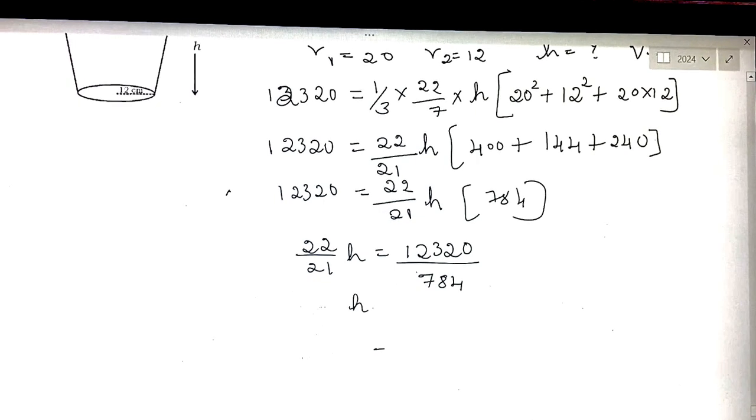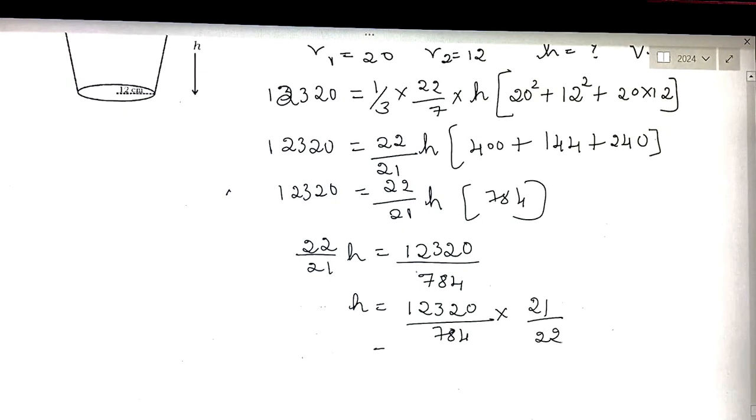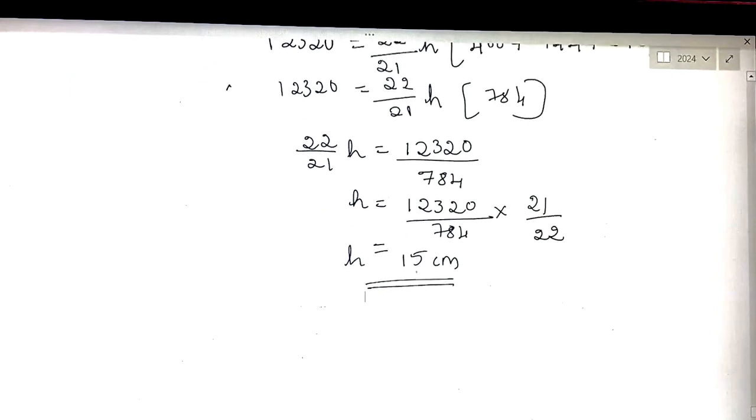So we need to find the value of h, so h is equal to 12320 divided by 784 into this 22 by 21 becomes 21 by 22. Okay, so while further simplifying this, we get h value as 15. That means 15 centimeter. Okay, so now we know the h value.